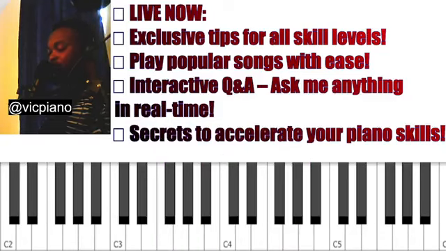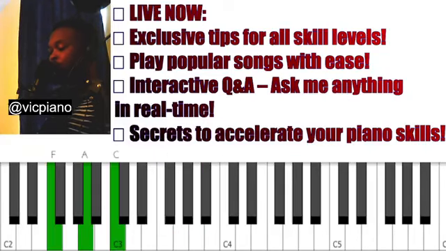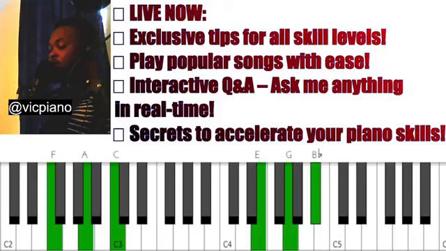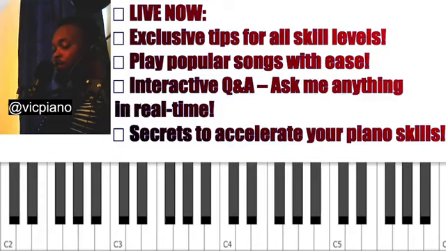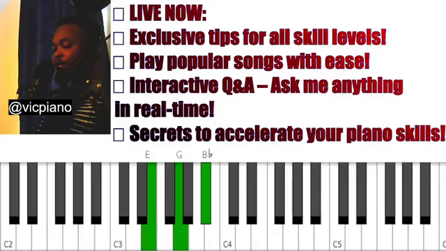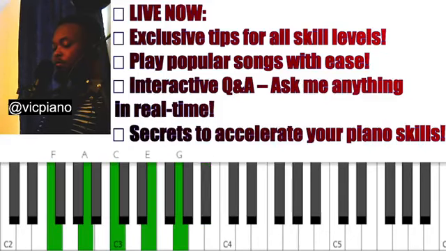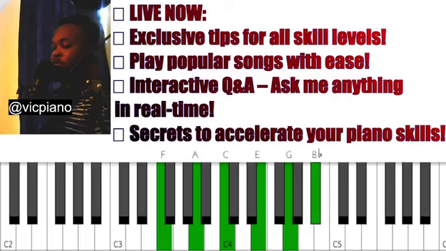Take the first 3 notes to your left, then the rest you play with your right hand. This one plays your left, this one plays your right. So you're doing something like this.